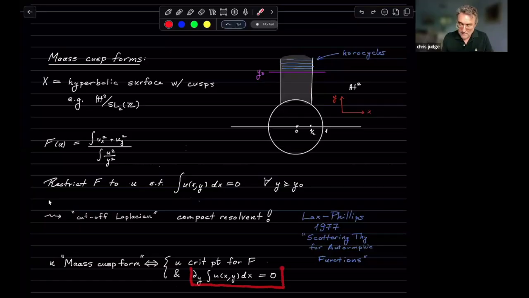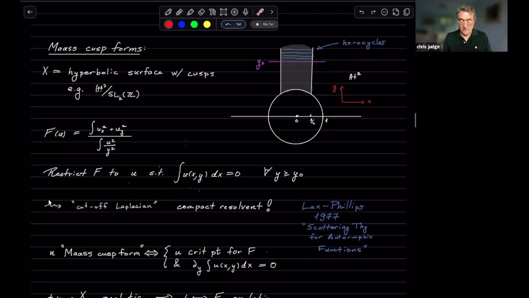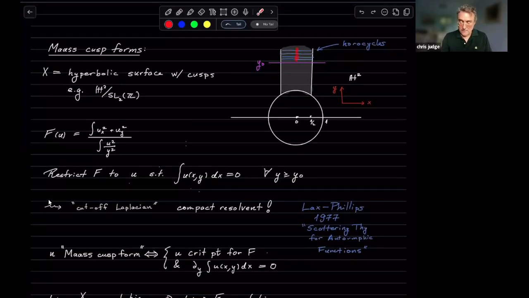To check whether an eigenfunction of this operator, the cutoff Laplacian, whose zeroth Fourier coefficient is 0 above y0, is a true eigenfunction of the Laplacian, all I need to know is whether this derivative at y0 is 0. If it's 0, I'm good. Then I know it actually extends. By ODE theory, I know the zeroth Fourier coefficient has to be 0 in the entire thing.